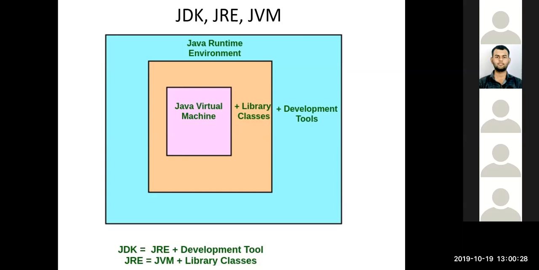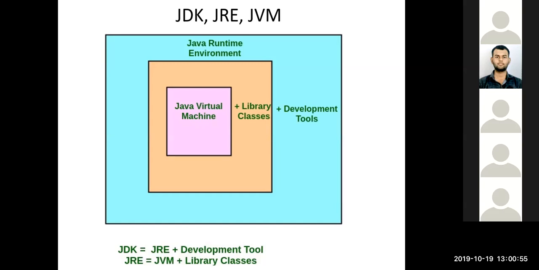So JDK is a combination of JRE and development tools. We will understand that more clearly when we start developing code, but you need to have a clear mind that JDK is nothing but the Java Development Kit, which consists of JRE, the Java Runtime Environment, as well as development tools.